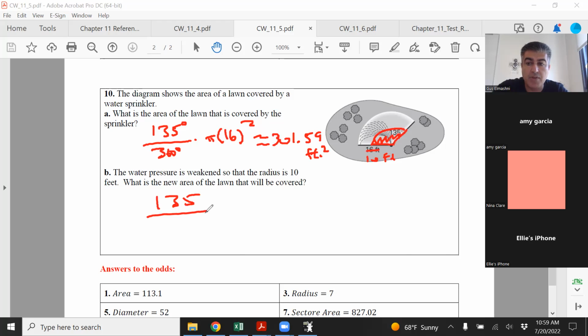So you do the same calculation, replace R with 10. And you see significantly less is covered. Much, much less.